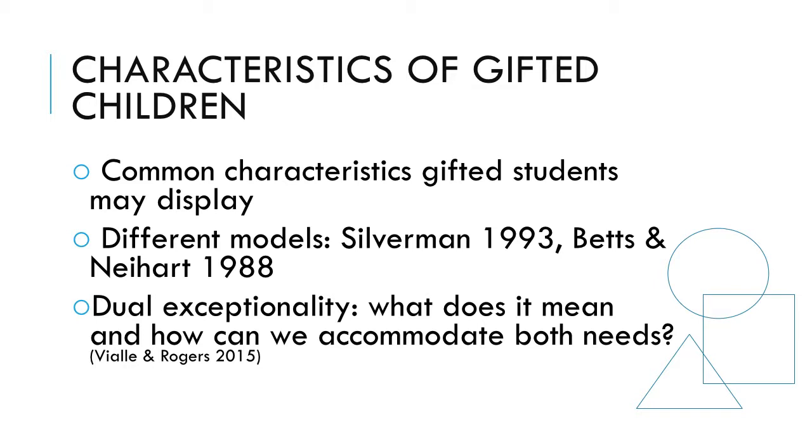Vial and Rogers 2015 outlines 3 disabilities that can mask giftedness, which are attention deficit hyperactivity disorder, Asperger's syndrome, and other learning difficulties. These 3 disabilities have very similar characteristics and behaviours as giftedness.